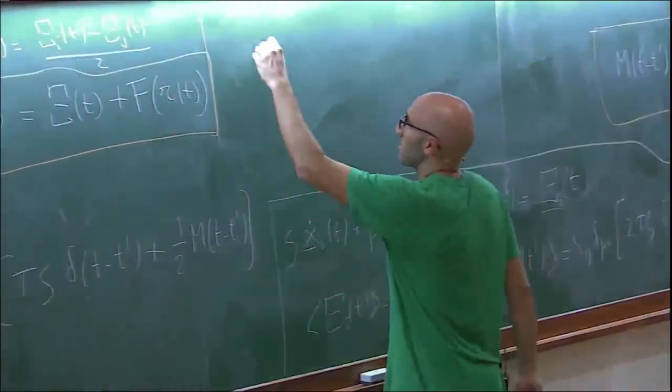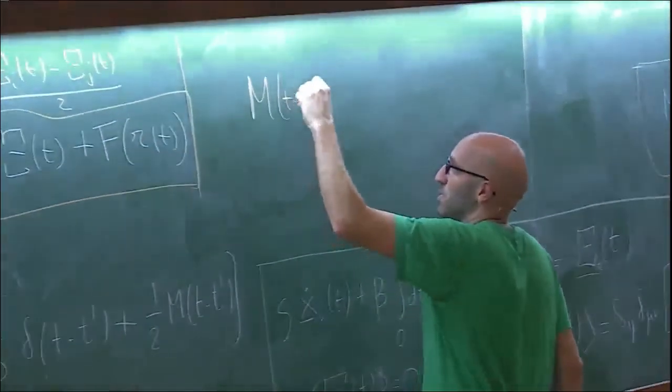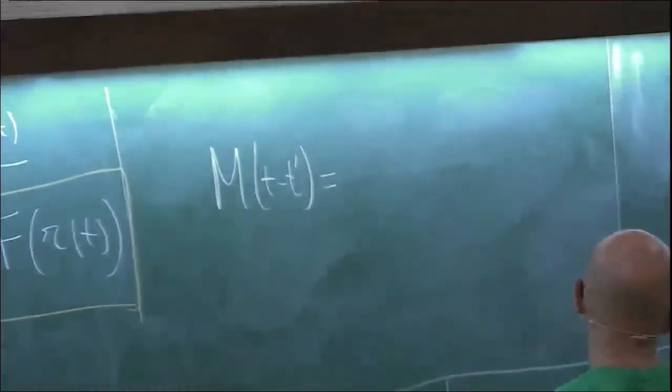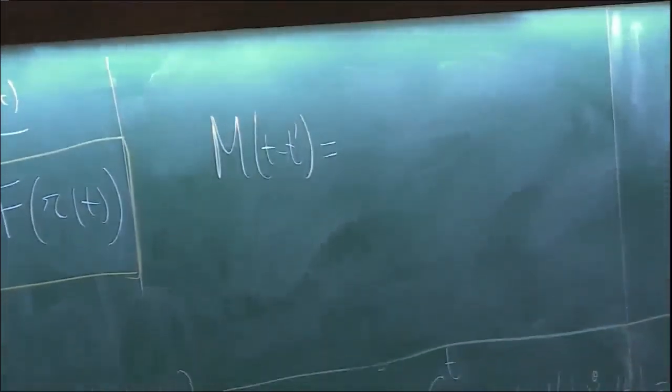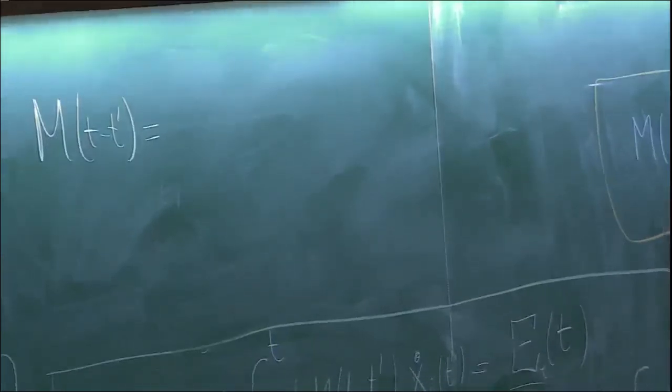So I can write that M of t minus t prime is equal to... first of all, I can put t prime equals 0 here, right? Because it's time translational invariant. So I can correlate between t and 0.